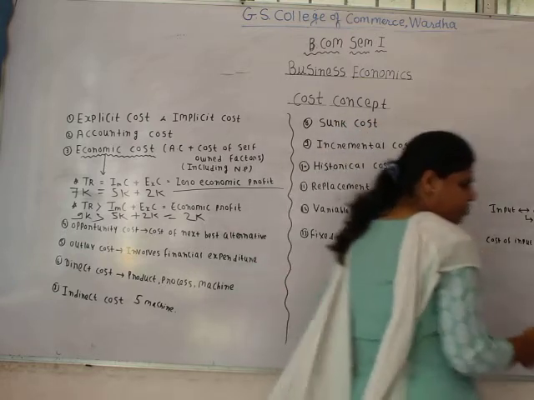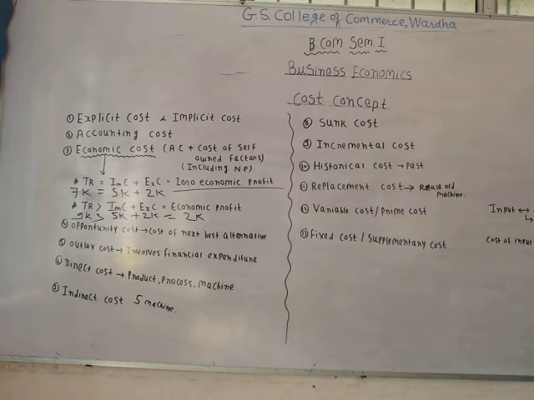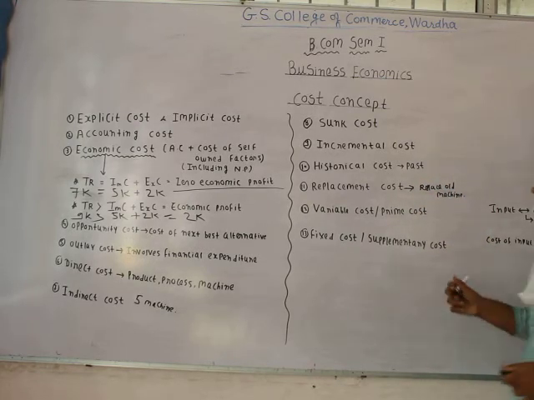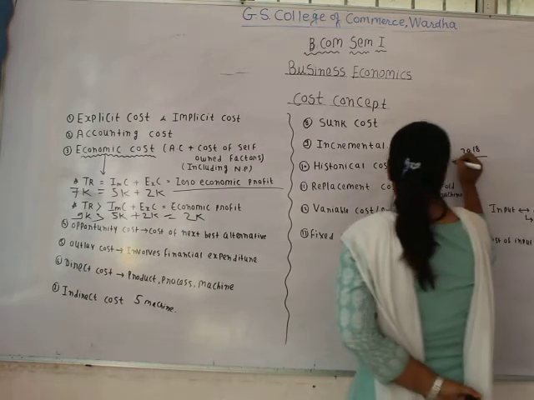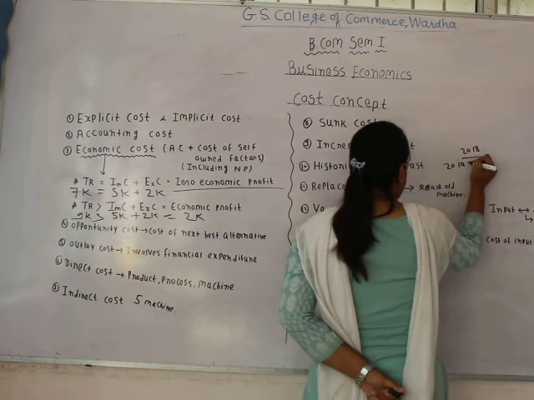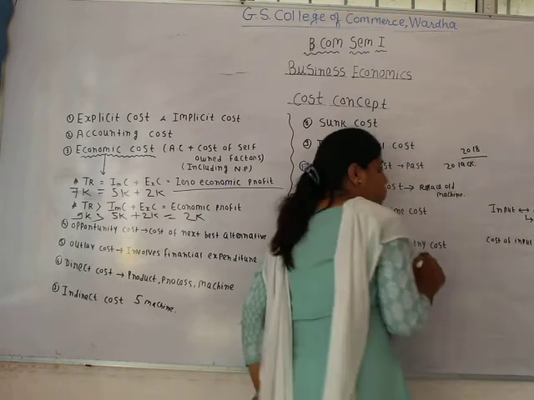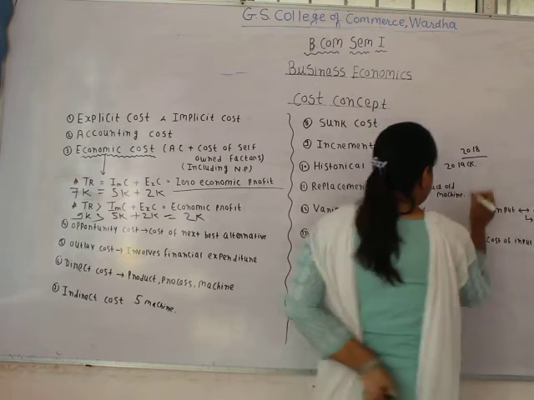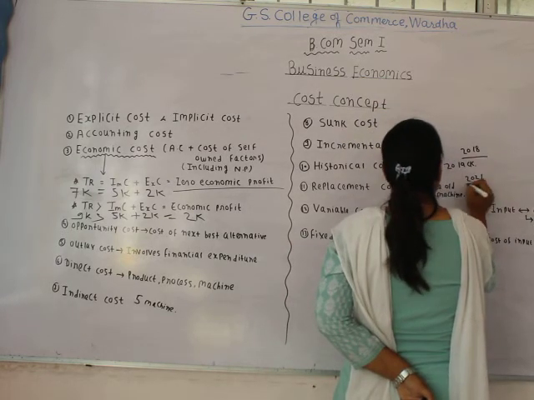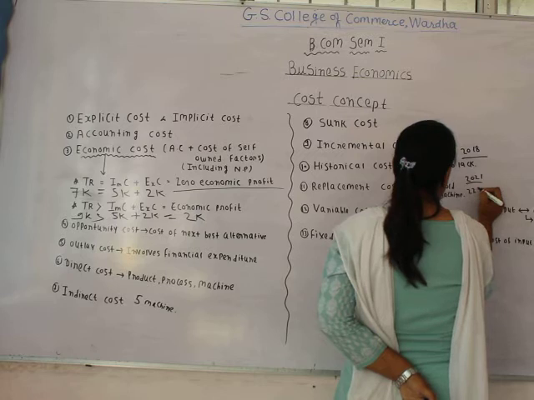And you will always find some difference between the historical cost and the replacement cost. Just assume you bought a machine in year 2018 for rupees 20 lakh, and now when you are planning to buy that machine in year 2021, it's costing rupees 22 lakh.